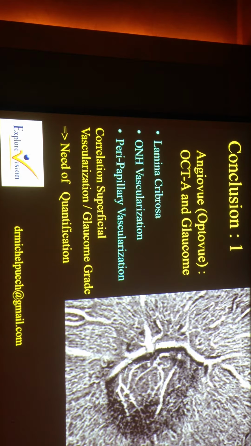We have to observe the vascularization inside the disc, but with the limitation of the big vessels, making disturbances of the flow and making it difficult to obtain a very quantitative approach. And so, at this time, the main goal is to observe this vascularization around the disc and make the correlation with the glaucoma.